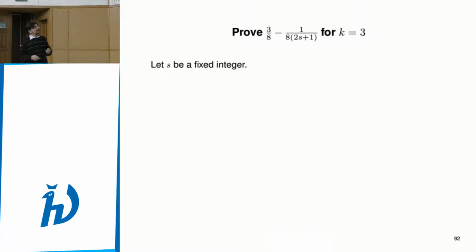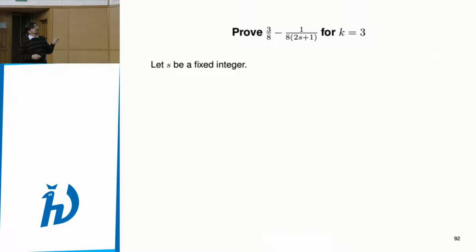Now I show a generalization of this idea, which is a little bit more complicated. So now take S to be a fixed integer, and then we will prove this lower bound. Why is this good?